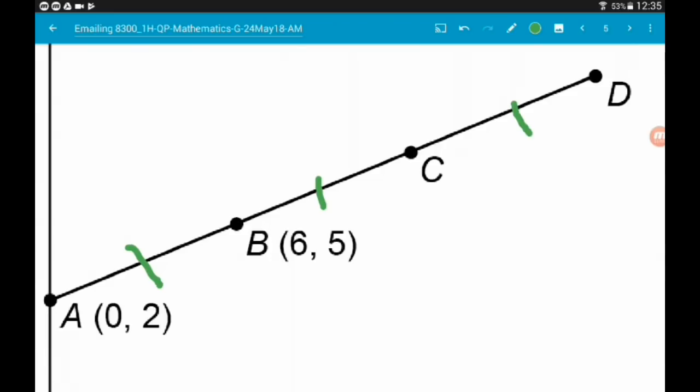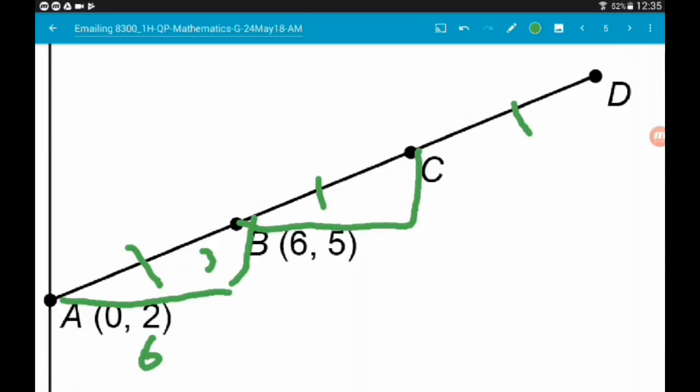So, to get from A to B, well, to get from 0 to 6, we go 6 along, and to get from 2 up to 5, we go up by 3. So, to get from B to C, we do exactly the same thing.